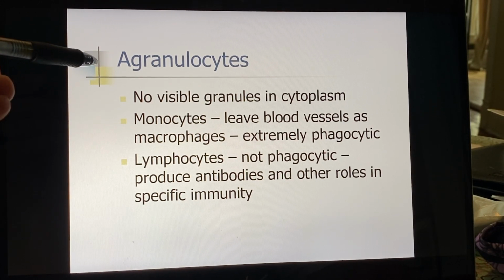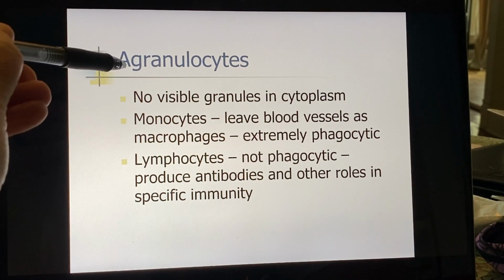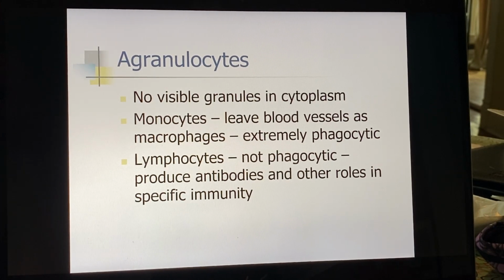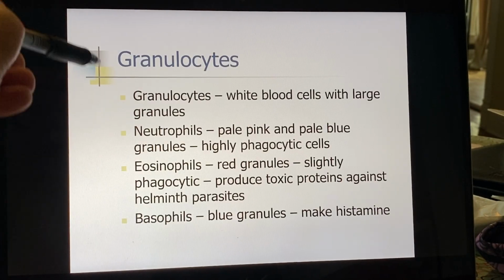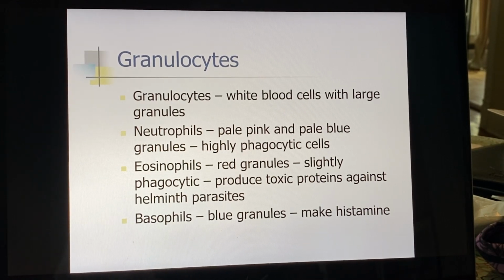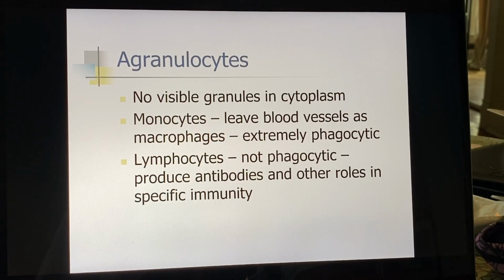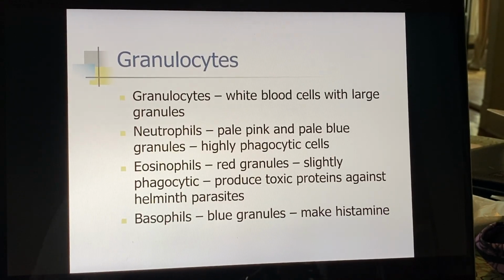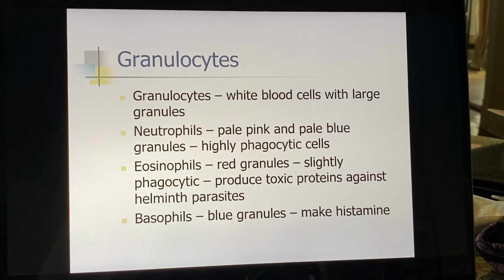The only difference in the spelling is there's an A as opposed to not. All this means is that when we look at these cells under the microscope, granulocytes have chunks of stuff in them. They have granules, and the agranulocytes do not have granules. We're not going to go into what the granules actually are. It's just a way to tell them apart.